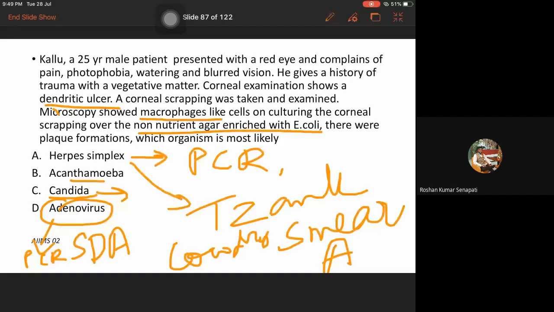Next question. This was asked in 2002 AIIMS. A 17-year-old girl with keratitis and severe pain in the eye came to hospital and Acanthamoeba keratitis was suspected. The patient gave the history of the following 4 points. Out of these, which is not a risk factor for Acanthamoeba keratitis?